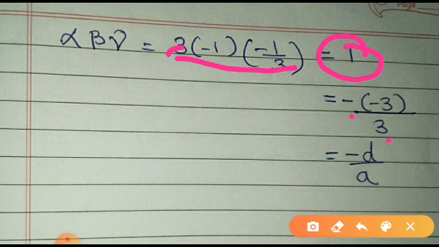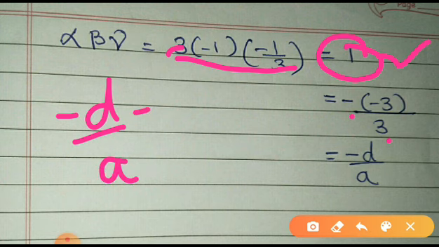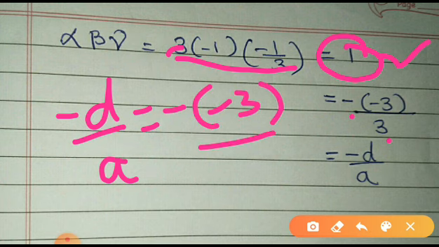Or if you just find this alpha, beta, gamma as 1, then consider minus d by a. So minus d by a will be what? Minus of d, which is minus 3, and a is 3. So in this case I'll get the answer as 1 and hence I can say this is equal to minus d by a.